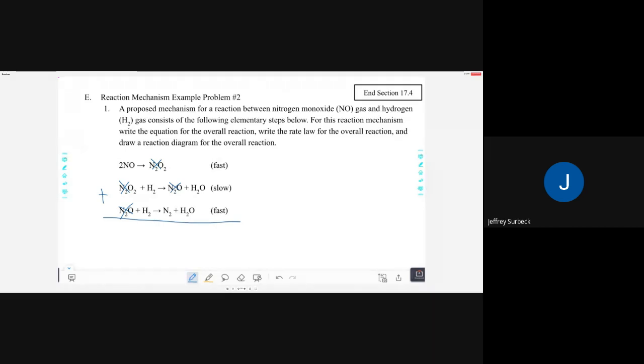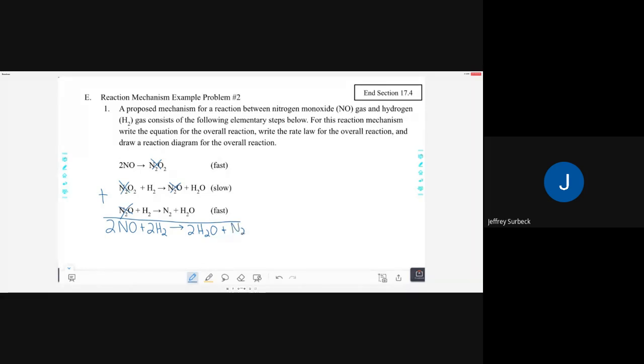So when we add everything together, we get 2NO plus H2 plus H2 is 2H2. This produces H2O plus H2O, so 2H2O plus N2 for nitrogen gas.